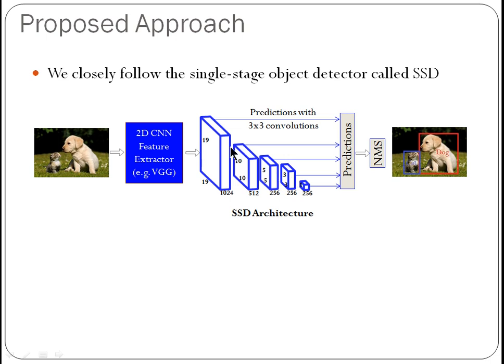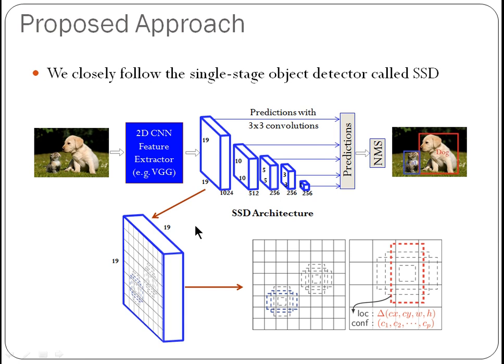So each of these feature maps is basically responsible for capturing objects at different scales. So predictions are made on each of these feature maps and these predictions are combined to train the whole network end to end. So if we take a closer look at a specific feature map, we can see here that the SSD basically employs a set of default bounding boxes at each spatial location on a feature map.